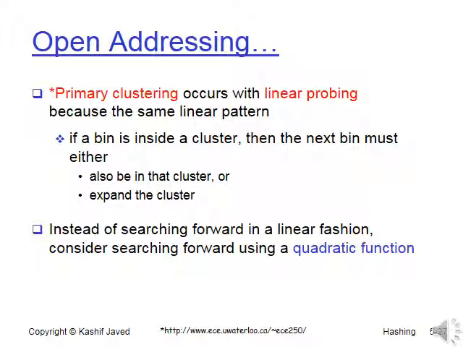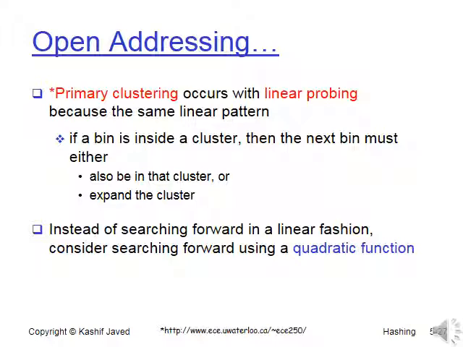This is due to the elements' tendency to cluster around the hash table locations that they originally hashed to. As long as the hash table is big enough, a free cell can always be found, but the computation time to do so can get large.